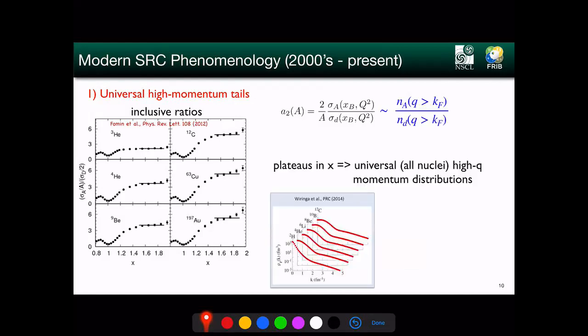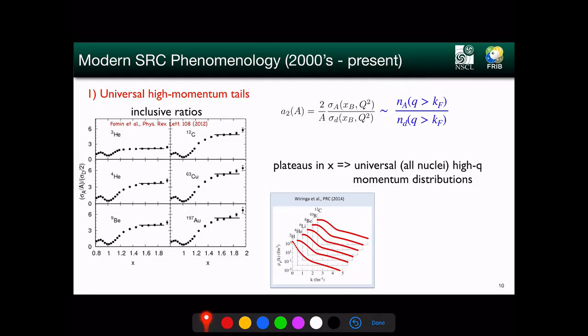Within this interpretation, they're able to relate this ratio of cross sections to a ratio of the high momentum tails of the momentum distributions in the A-body system over the deuteron.